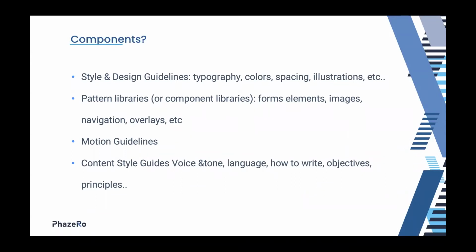And then we have motion guidelines and content style guides, like the language, how to write, objectives, as well as principles. But mainly, it's about style and design guidelines and component libraries.